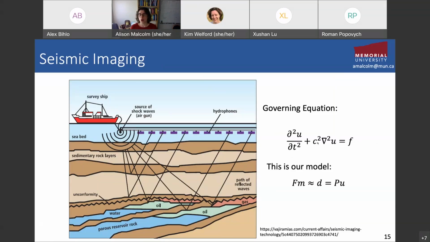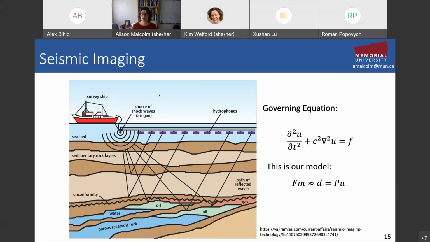Now, when we apply this model, what we need to do is solve the wave equation for every source. We might have thousands of sources, and we may have a model that has millions of degrees of freedom. So it's a big problem, okay?